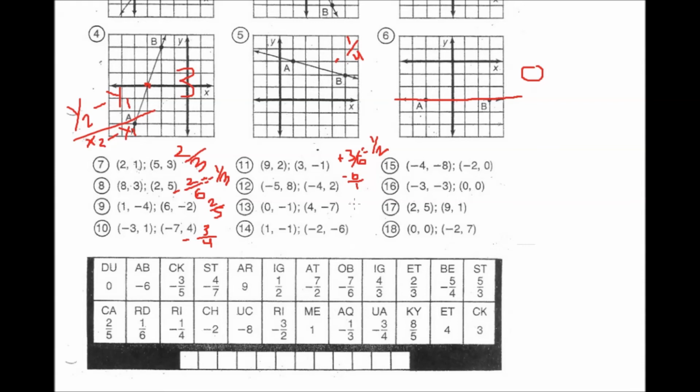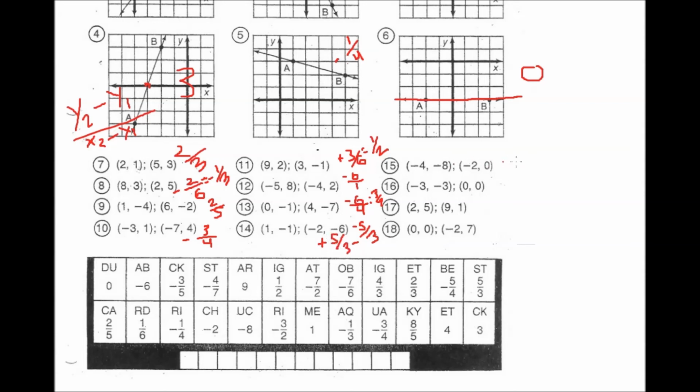Negative 7 minus negative 1 is going to be a negative 6 over 4 minus 0, which is just 4. It's going to equal 3 over 2. Negative 6 minus a negative 1 is going to equal a negative 5. Negative 2 minus 1 is going to equal a negative 3. So that's going to be a positive 5 over 3.